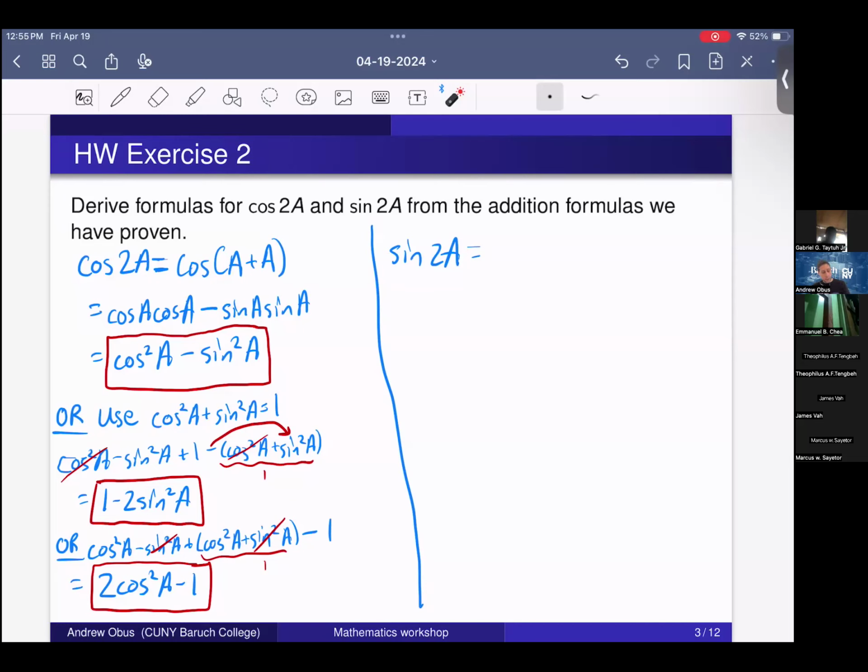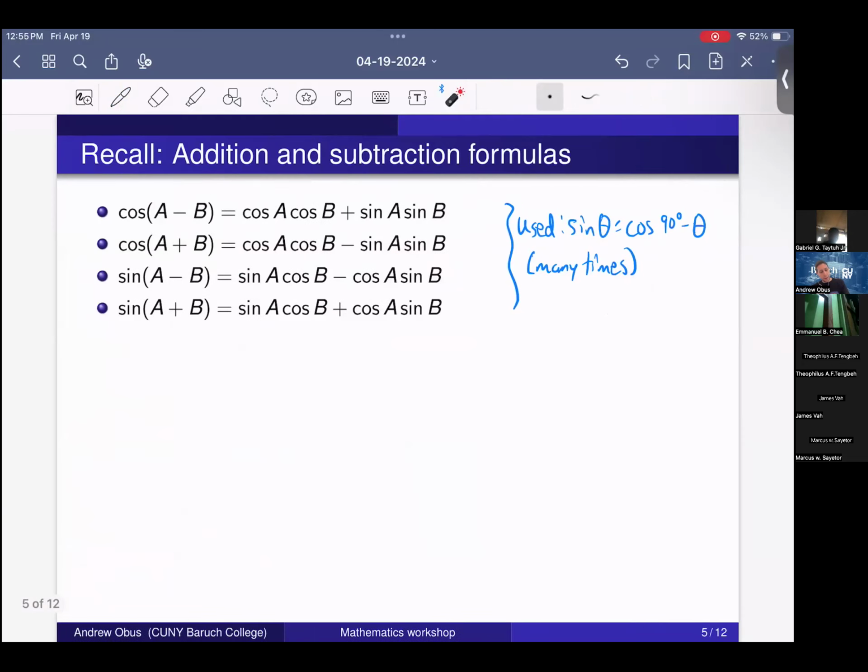Okay, good. So that's cosine of 2a. And for sine of 2a, we just do the exact same thing. We have sine of a plus a, and using the formula for sine of a plus a, we just use the same formula but with a every time we see a b instead.